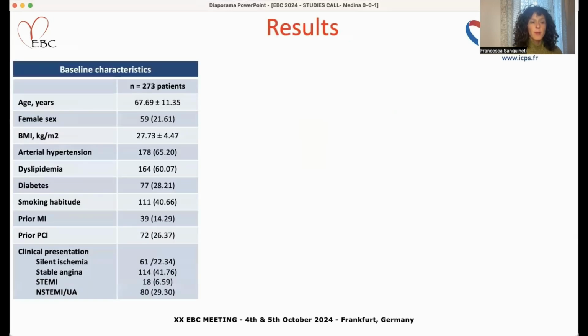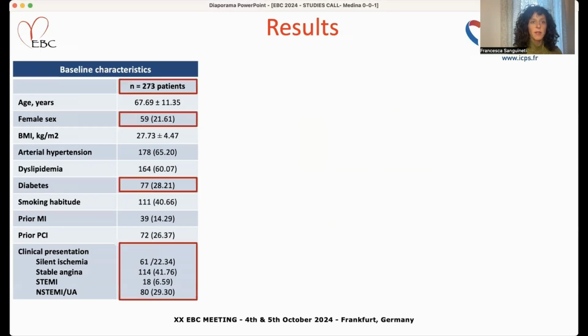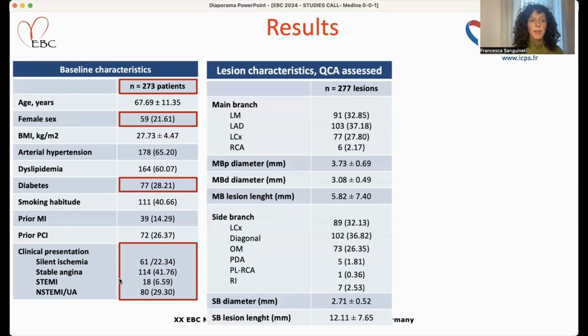If we look at the baseline characteristics, we can see our database finally counting 273 patients. Females were less represented, and we could appreciate 30% of diabetic patients. The clinical presentation was more represented by stable angina and silent ischemia.